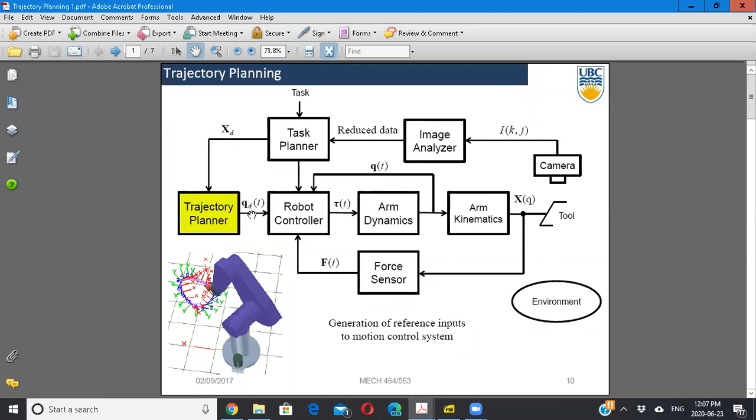Let's say we want joint 1 to be at pi by 2 radians, joint 3 at 0 radians, joint 4 at pi radians. And the robot initially is at 0, 0, 0, 0, 0. That's the home position, and we want it to go to some other position. So that information you have to give to the robot controller, and that robot controller will compute the required amount of torques.